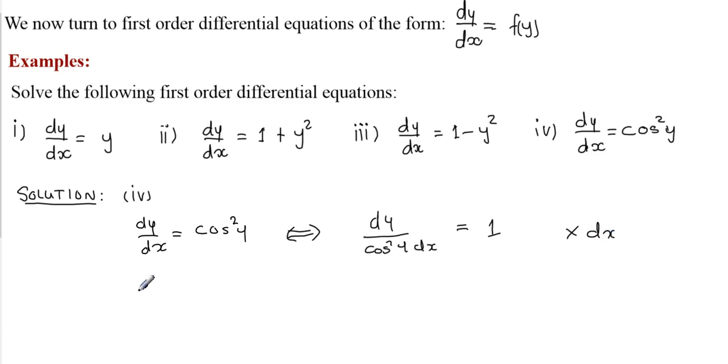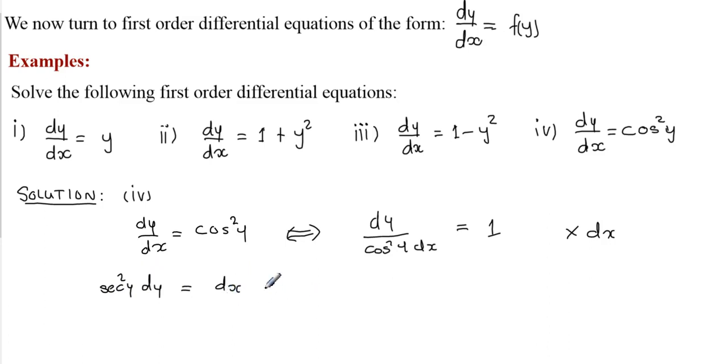Then we have dy, where 1 over cos squared y is actually sec squared y, writing it simply using identities, equals dx. At that stage we've got the variables separated, with expressions of y on one side and an expression of x on the other.